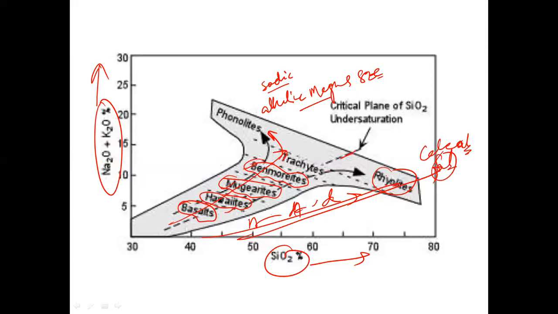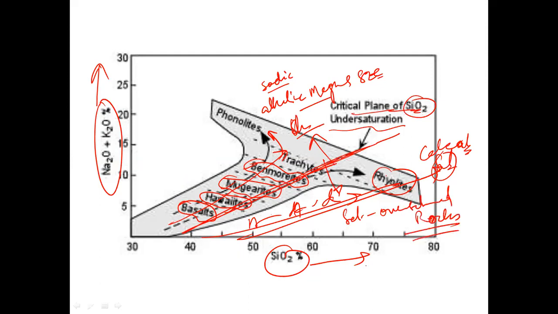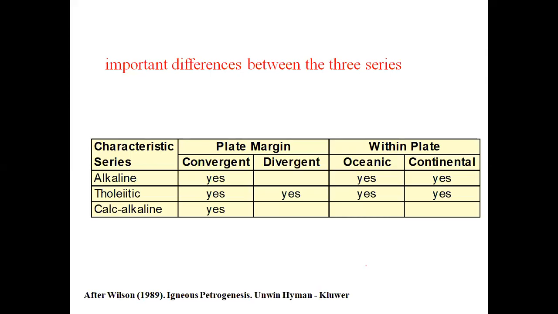So this is the line that basically represents the critical plane of silica undersaturation. Here there will be undersaturated rock, and here there will be saturated to oversaturated rocks. Oversaturated. So I hope that this thing is very much clear to you.